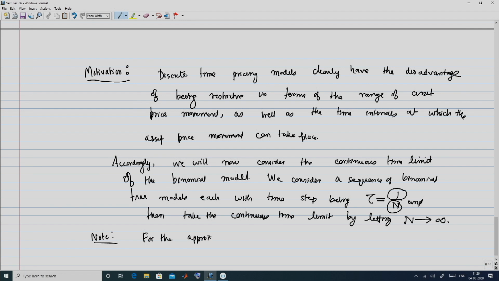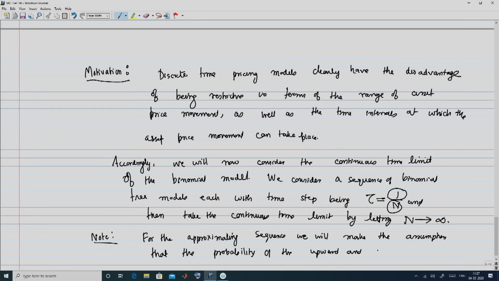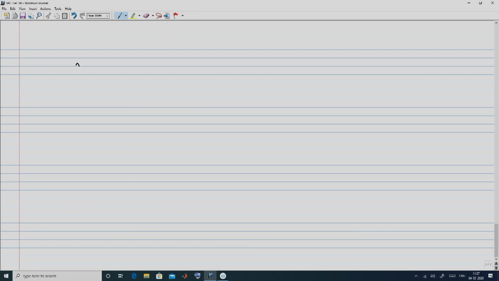So, for the approximating sequence, we will make the assumption that the probability of the upward and the downward movement of the asset price are equal to half each.